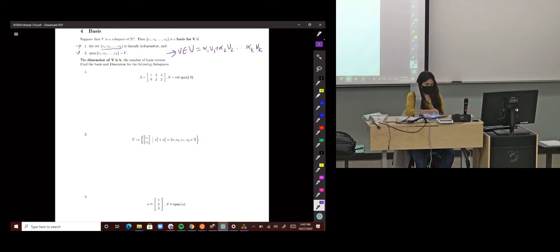So in this case, it went on till k. There are k vectors in my set of basis vectors. So my dimension of V is k.